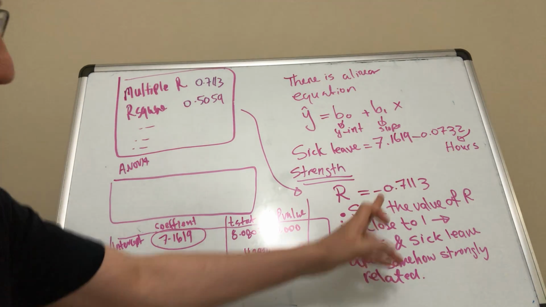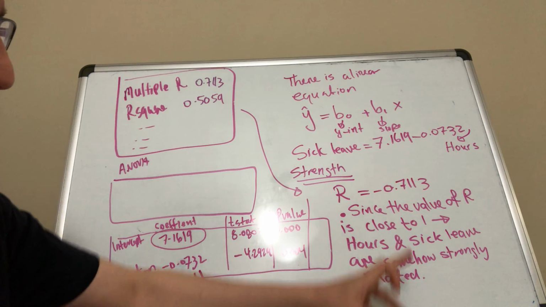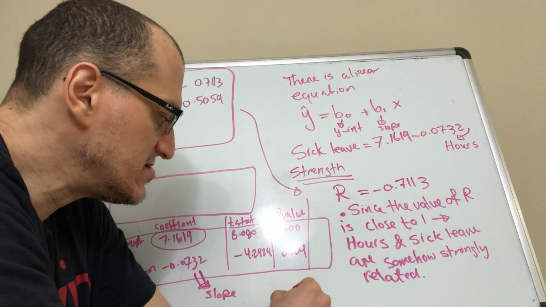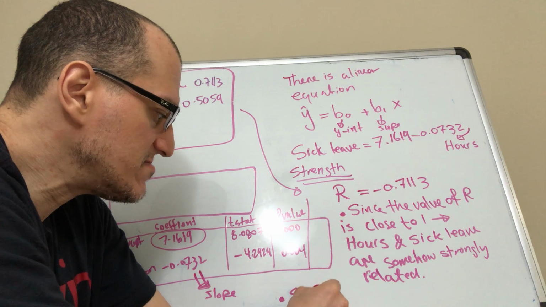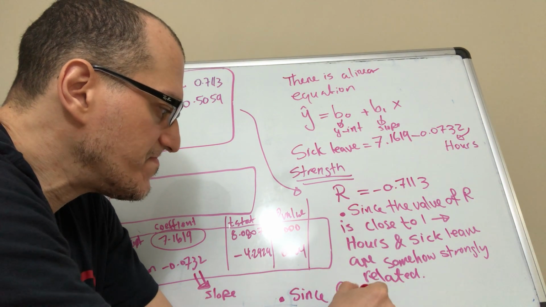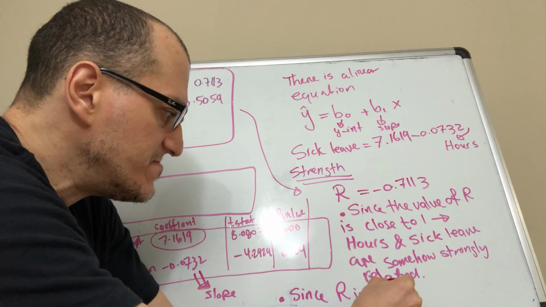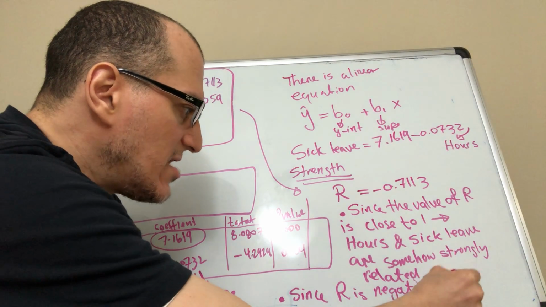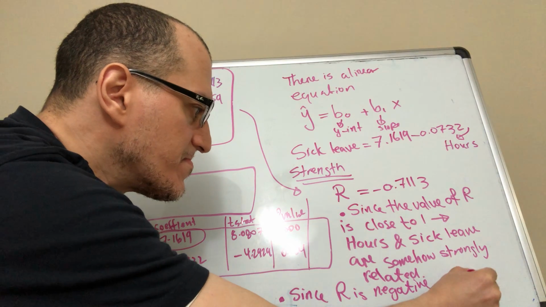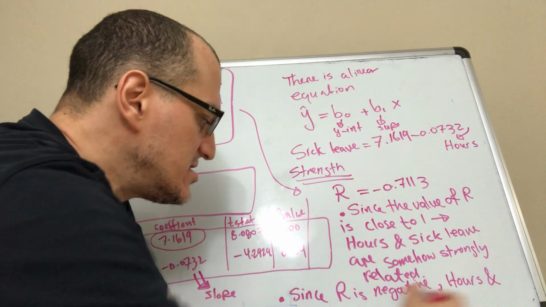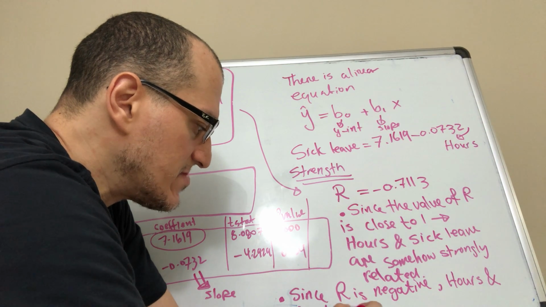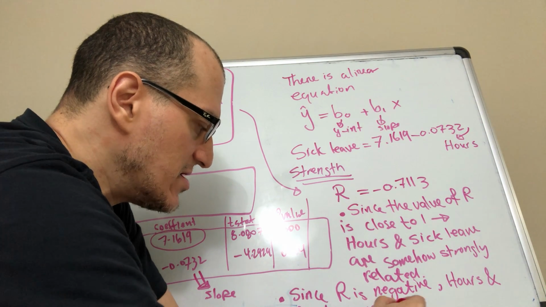Now the other thing, the fact that this is negative, and again, we figure it's negative because the slope is negative. So you say, since R is negative, then hours and education are negatively related.